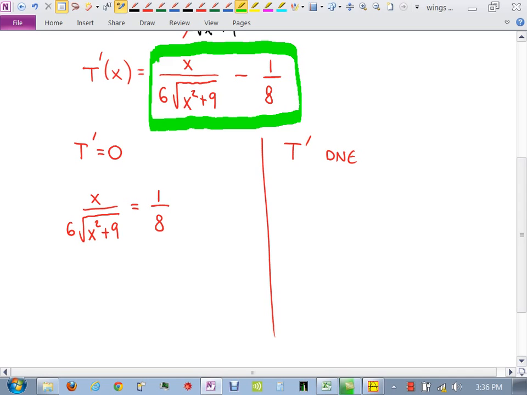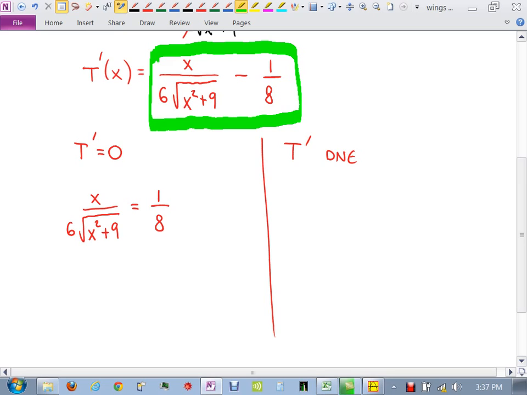That's the one I would want to go with, but it doesn't matter. You'll get the same answer at the end. So multiply, what do y'all say? 48 or 24? I don't care. Do y'all care? No? All right. We'll go with 48.